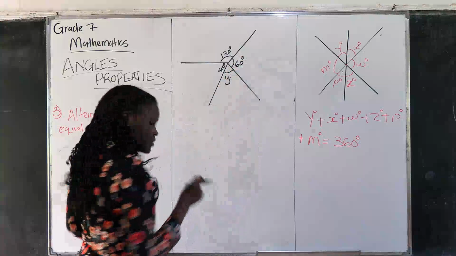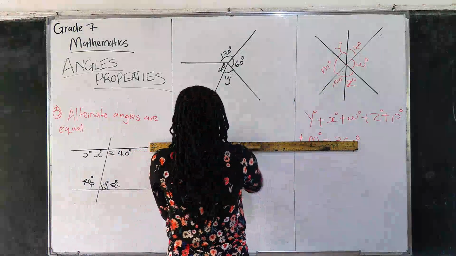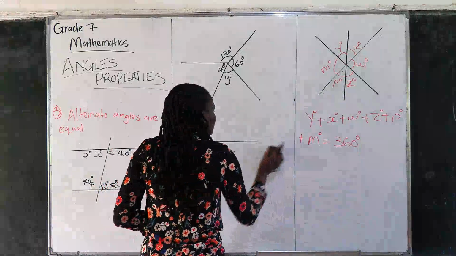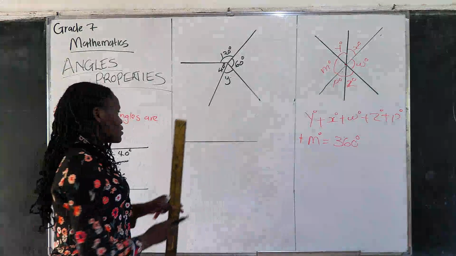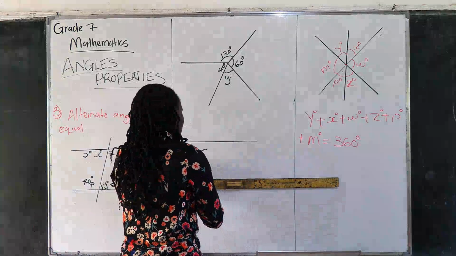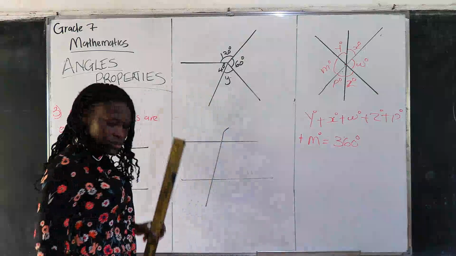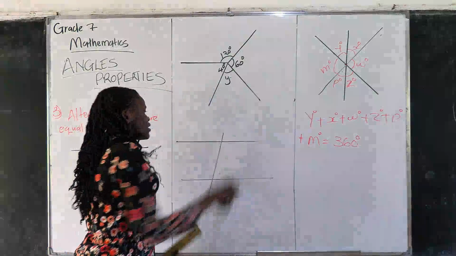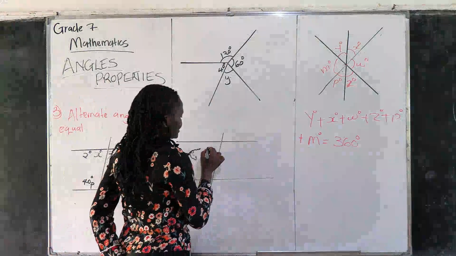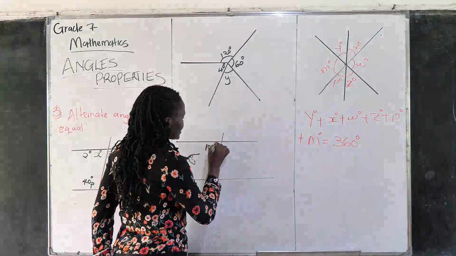This one is 60 degrees, find y. And then the next one is, so we have that, and we've been told this angle is 100 degrees.